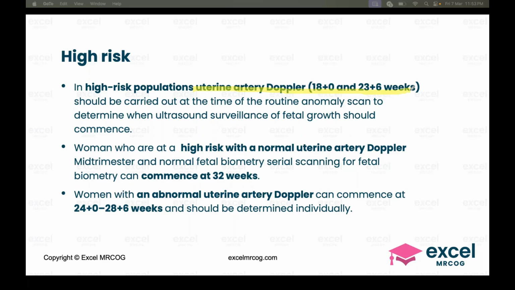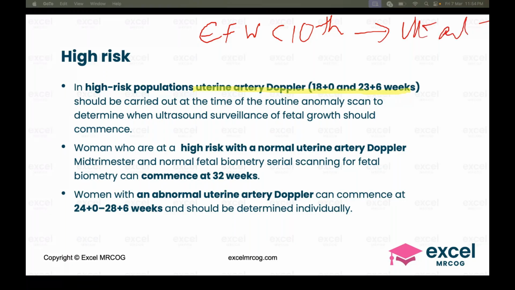What I had said was, if at the anomaly scan you find that the EFW or the growth is less than 10th centile, whether there are risk factors or not in that particular patient, you do a uterine artery Doppler. And then if it is normal, you again scan after 3 to 4 weeks to check what has happened to this EFW. If it is abnormal, then there is something really abnormal. You have to seek an obstetrician's opinion on that.